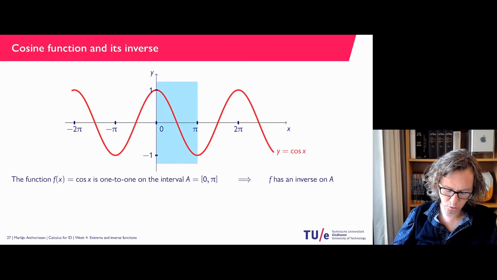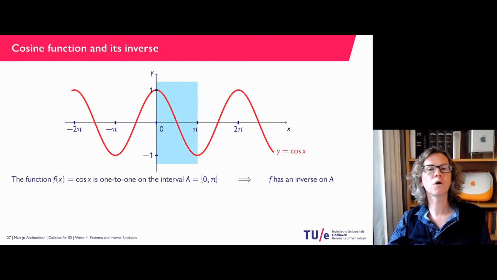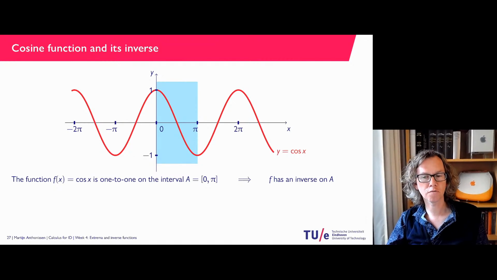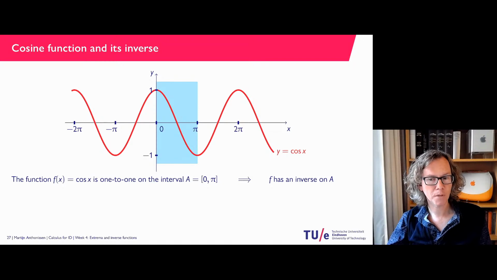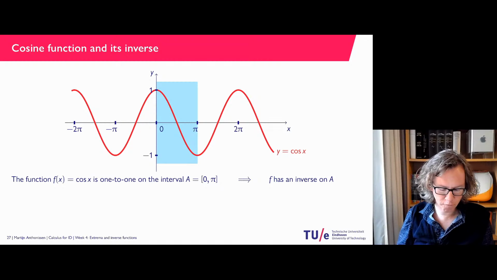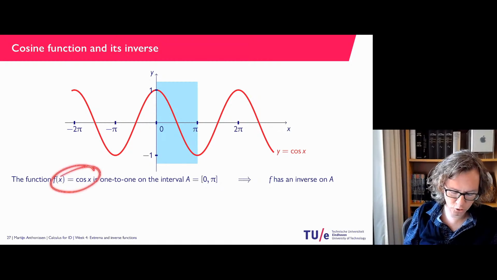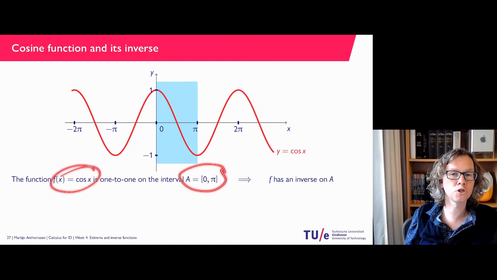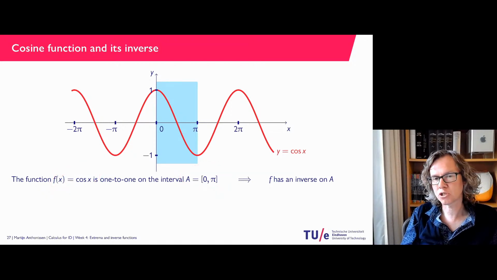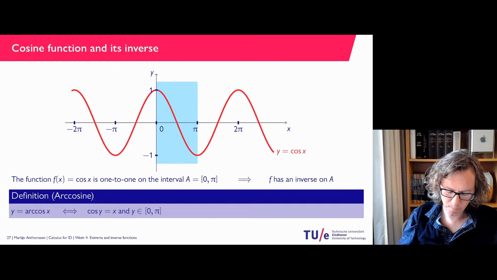So let's draw a blue box like we did before. We're going to consider the cosine function from 0 to pi as x values, and the corresponding y values are from -1 to +1. So the function cosine of x is 1 to 1 if we consider it on [0, pi]. And the inverse on that specific interval we give a name, and that name is the arc cosine.